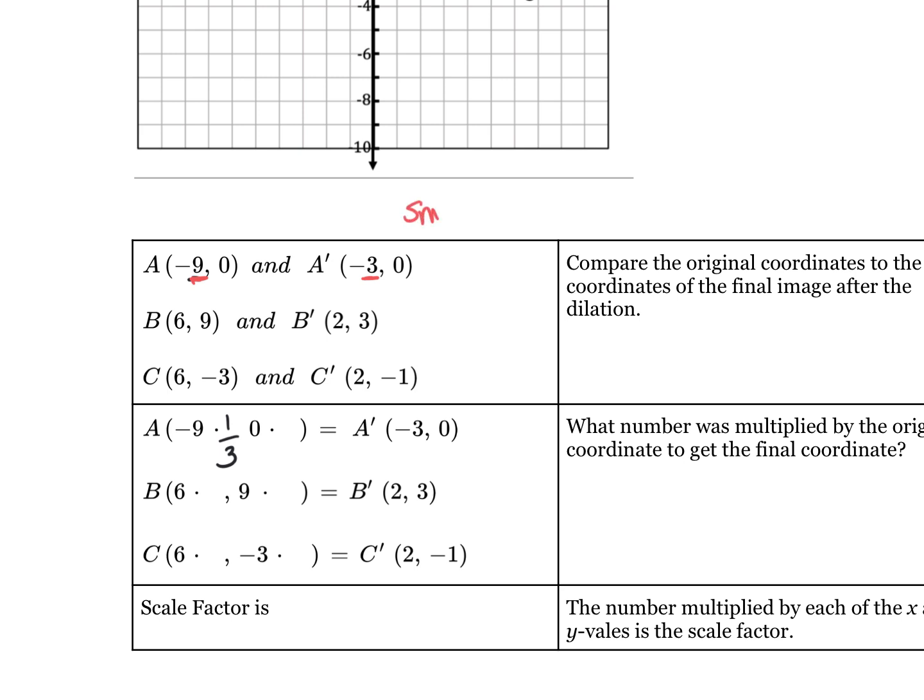So again, we're going smaller, which means we're dividing. 9 divided by 3 is 3. 6 divided by 3 is 2. -3 divided by 3 is -1.